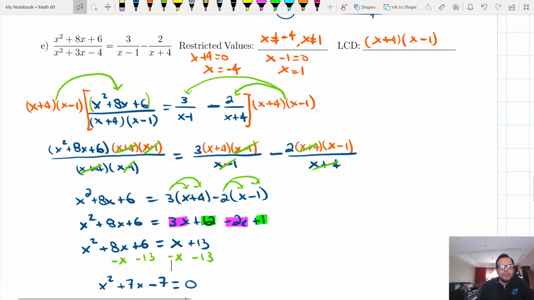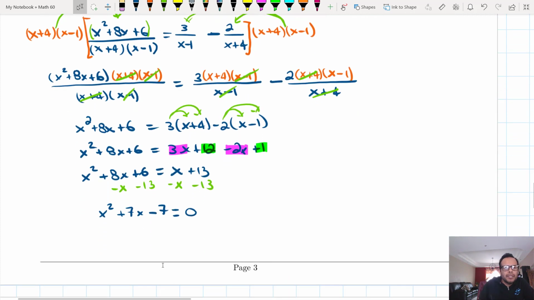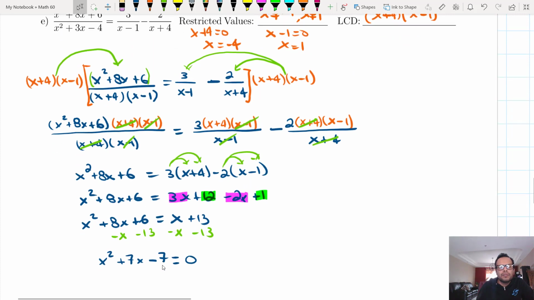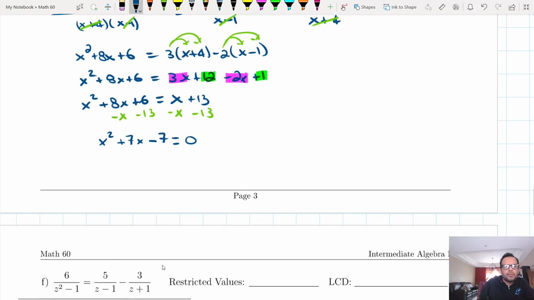Let me see if I didn't make a mistake. No, that's correct. All right, so this polynomial right here, x squared plus 7x minus 7. There's no way we can find factors of negative 7 that add up to positive 7. So in this case, because the polynomial equation has no solution, then we call this a no solution.